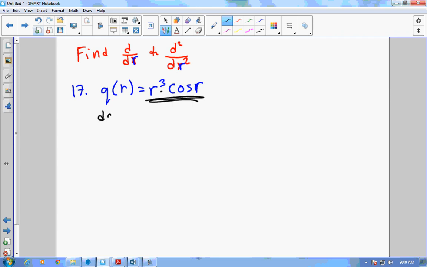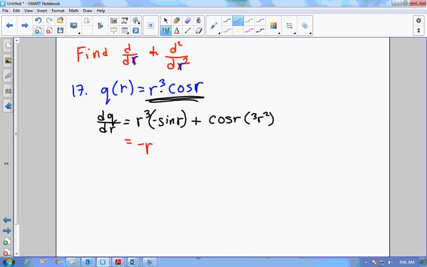So dq/dr, the derivative of q with respect to r, is first, r cubed, d last. What's the derivative of cosine r? Negative sine r. First d last plus last, d first, the derivative of the first, 3r squared. And you could probably leave it that way.